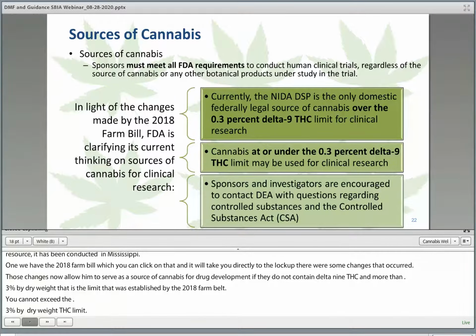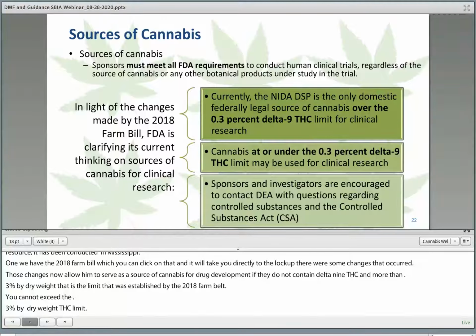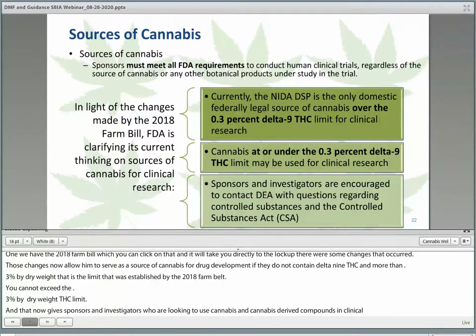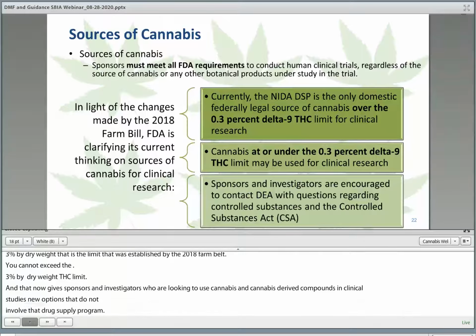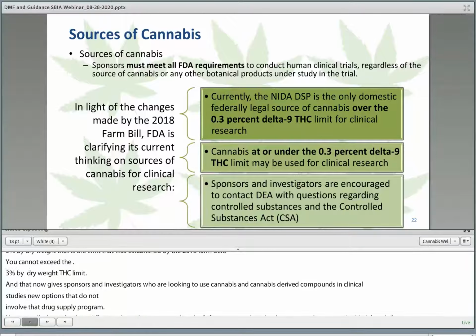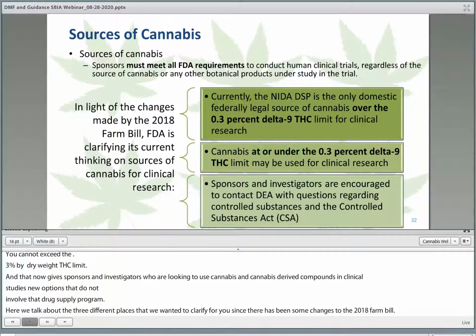So here we talk about the 3 different places that we wanted to clarify for you since there have been some changes with the 2018 Farm Bill. So we just talked about how the NIDA drug supply is the only domestic federally legal source of cannabis that's over that 0.3% delta-9 THC limit for clinical research.